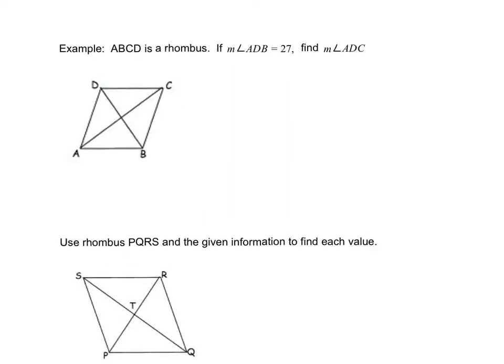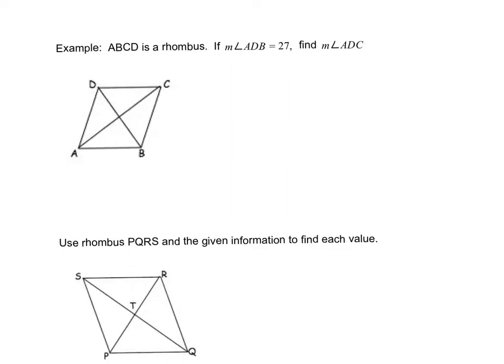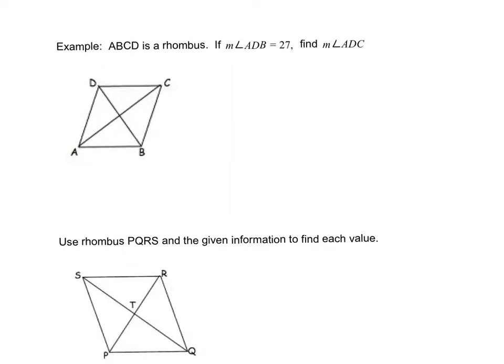Let's go ahead and take a look at some examples. So we have that ABCD is a rhombus. The measure of angle ADB is 27. We want to find the measure of angle ADC. So labeling our angle, ADB, and then ADC is its entire angle. So DB is our diagonal.